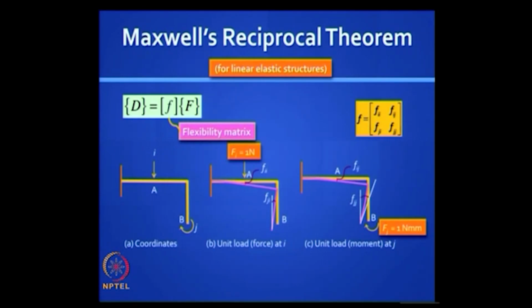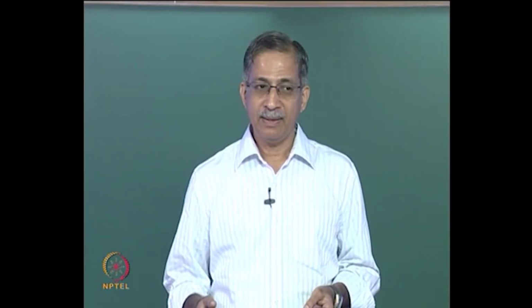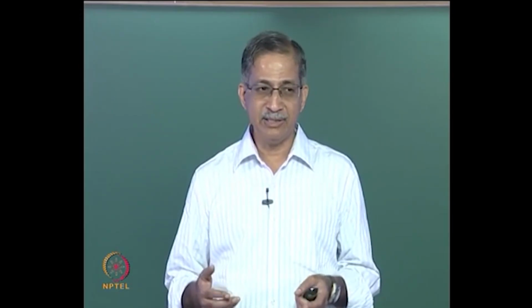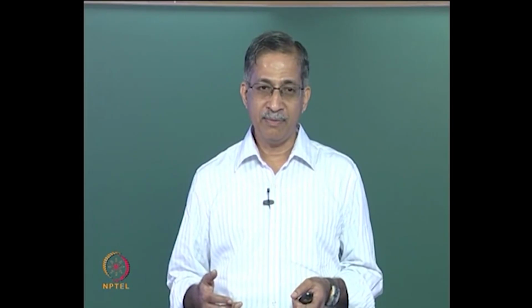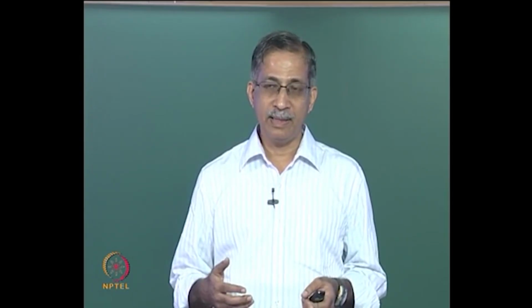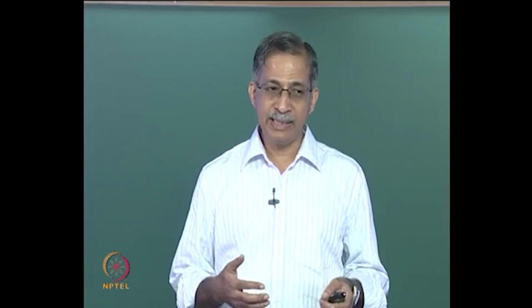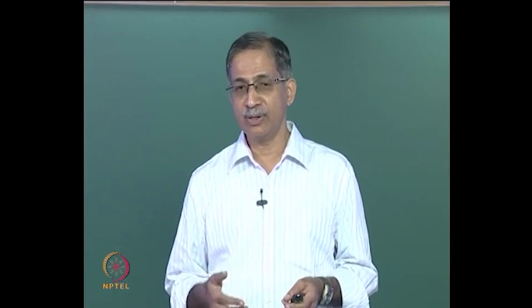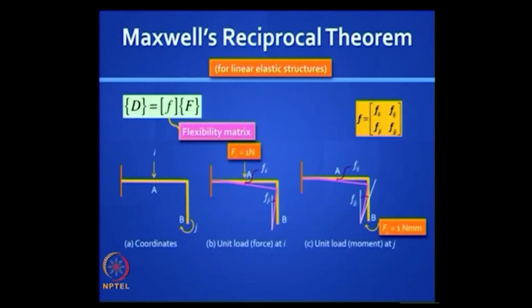So, do you recall, Fij is written in such a way that the indices I and j refer to: I will refer to the effect location and J will refer to the cause location. So following that format, it can be proved, and this is Maxwell's reciprocal theorem, that Fij is equal to Fji.